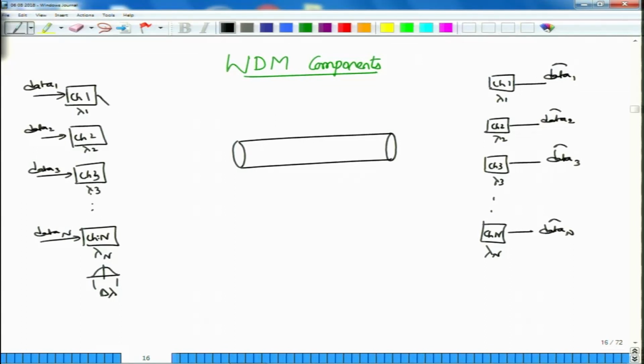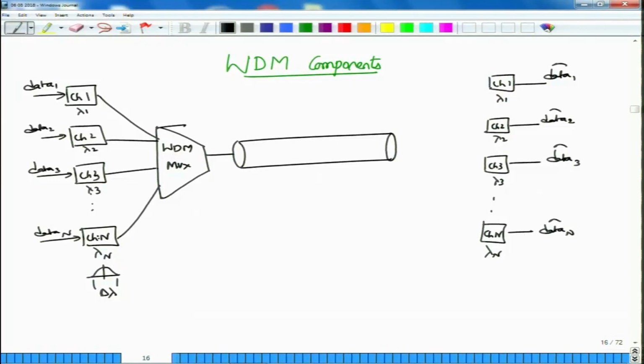So, what technology can combine this, or what is the device that can combine all these channels? It turns out that there is a device called the WDM multiplexer. We just tag on the word WDM for many things. It is actually a multiplexer that we are considering, multiplexing signals of various bands or various channels which are well separated in the wavelength domain.